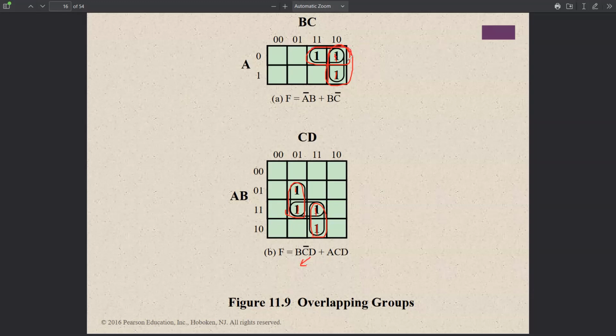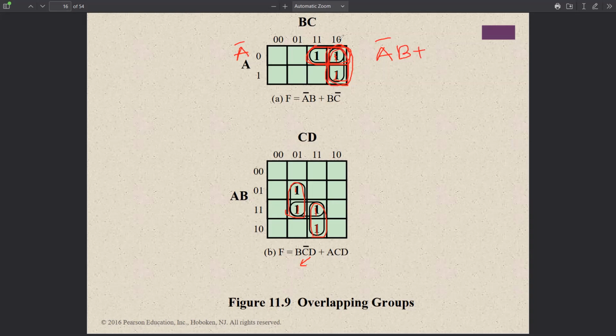So let's consider this group, right? Here, the A bar is not going to change, so it should have A bar. Here, B, C and B, C bar, so B is not going to change. So it is A bar B plus, since there is another group, what is the unchanged variable here?